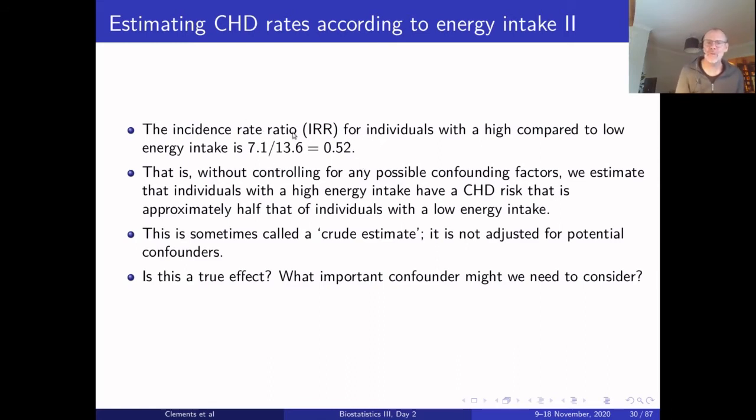Typically, we'd look at 7.1 divided by 13.6 to show the incidence rate ratio, which shows that the high energy diet had a considerably lower incidence rate ratio than the low energy diet. But we're not controlling for any possible confounding factors, so this is sometimes called a crude estimate. Now, it would be useful to reflect, is this a true effect, and what are the important confounders that we might need to consider?